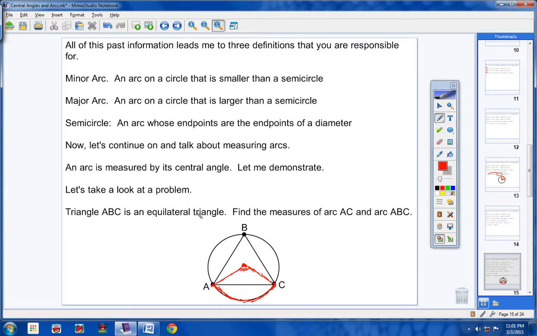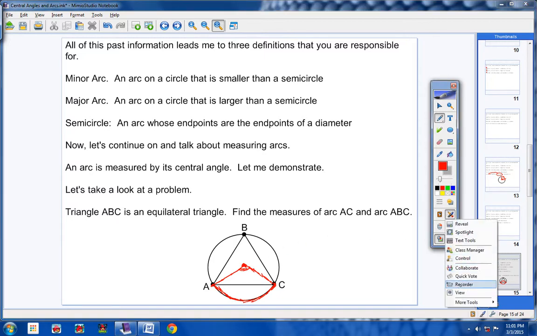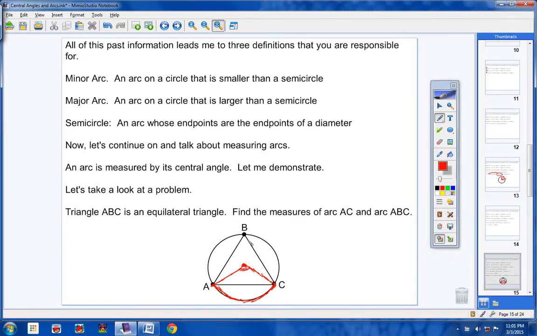Well guys, I'm appealing a little bit to your common sense, which I know we don't always do in geometry, but let me show you something. If this angle right here is 60, and by the way it is 60 because an equilateral triangle has 60, 60, 60 for its angles, as I take this angle and move it to the middle of the circle, that means I'm going half the distance from here to here, okay? Well, that means it's going to double. Notice how the angle gets bigger, not smaller.